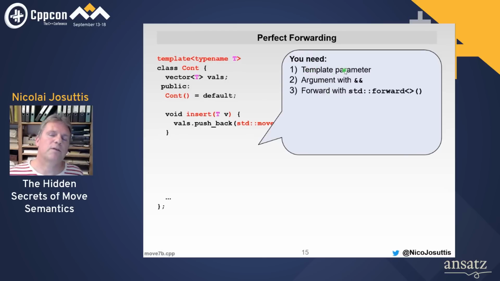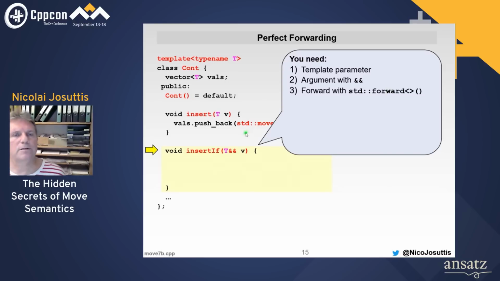A universal reference is something where you say, let's take the parameter and as it is, forward it somewhere else. And so there are three things you need: a template parameter, an rvalue reference argument, and std::forward. So here's a way to do that. This looks like we are hitting the point. So that's a template parameter, two ampersands here.